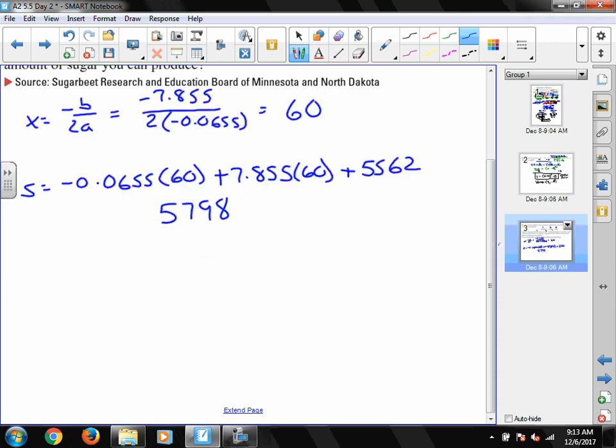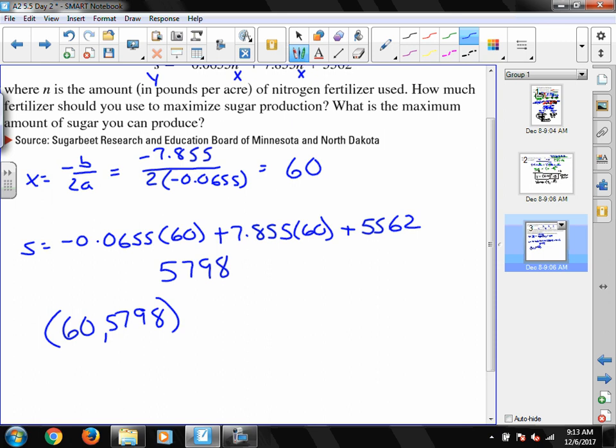So that means your vertex is at (60, 5,798), meaning, remember that 60 was going to be your N, and the 5,798 is going to be your S.